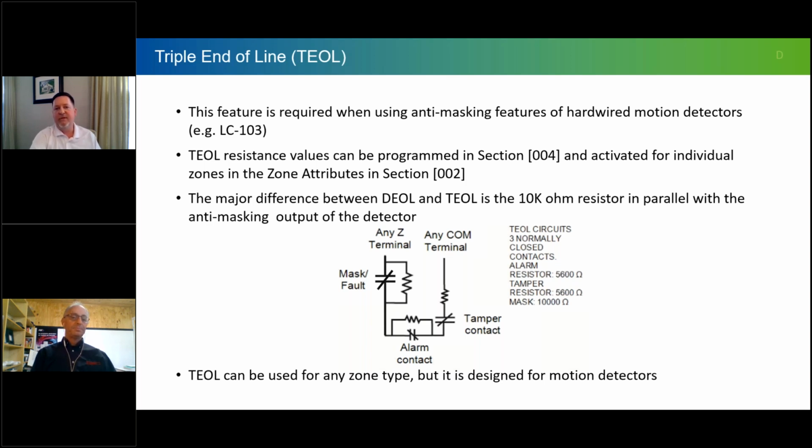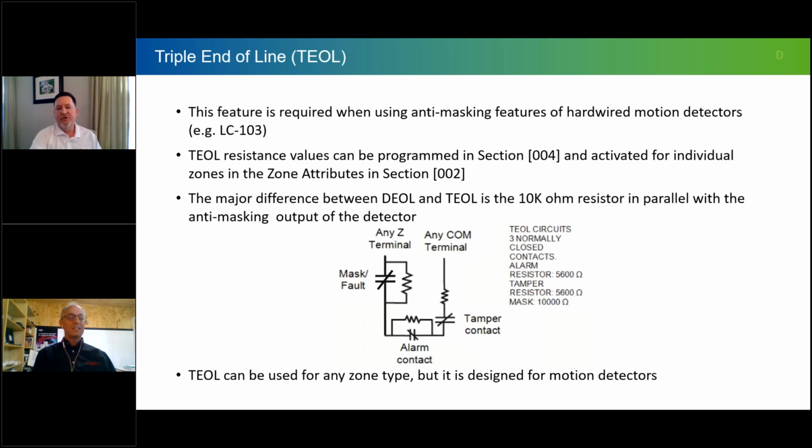As Pierre mentioned, the values for the resistance are programmed in section 004. For triple end of line, the standard contact would use a 5.6K, the tamper would be 5.6K, and the anti-masking would be 10K resistance.